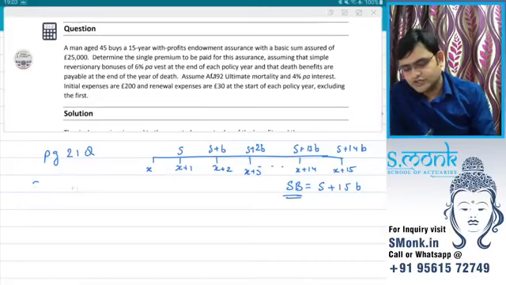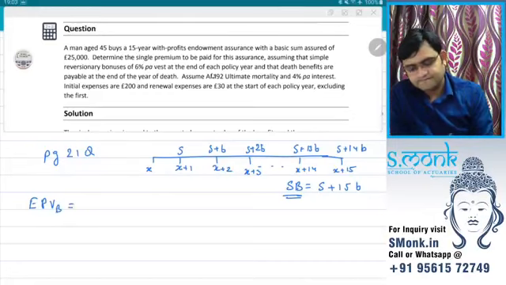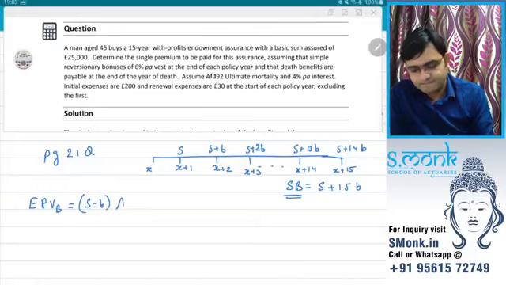Okay. So our expected present value of benefit, how would we write it? Always death benefit plus survival benefit. So this will be, first is S and increase is B. So I'll have (S minus B) A, what was the age? 45, right?